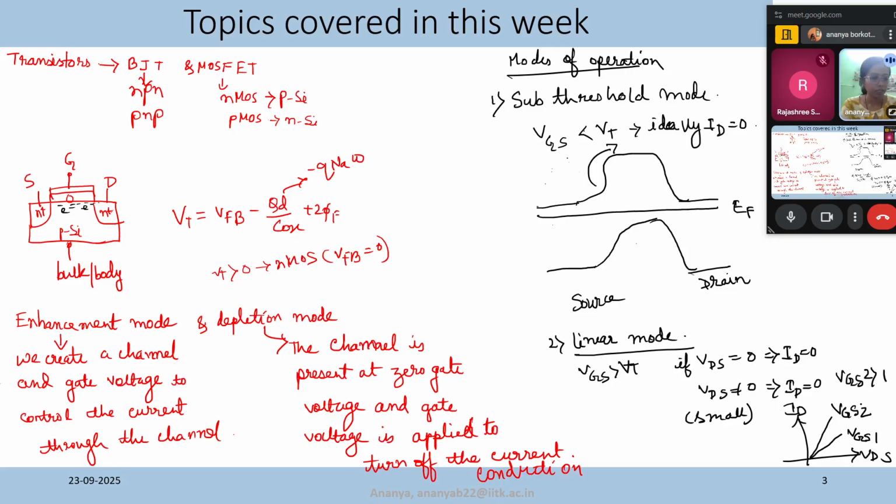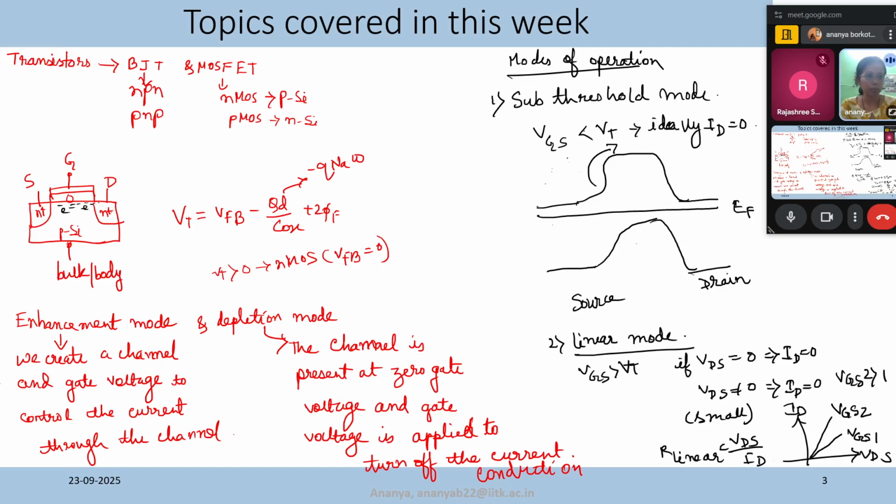So in the linear region, there is a linear relation between current and voltage. We can define a linear resistance, which is VDS by ID. In this region, the MOSFET behaves like a resistor.